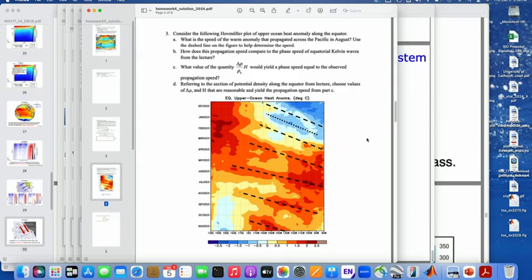Take this information where you can measure the distance it's going at the equator and the time, and you can make a measurement. There's about a month, right? And how far does it go in the month? Go ahead and do that. See what number you get, and how it compares to mine.